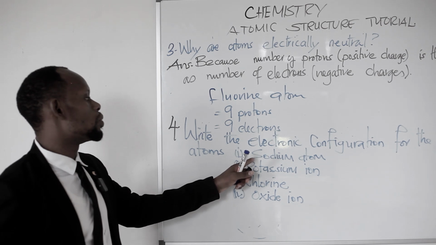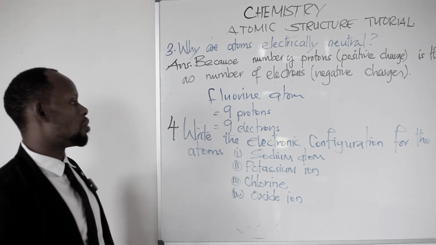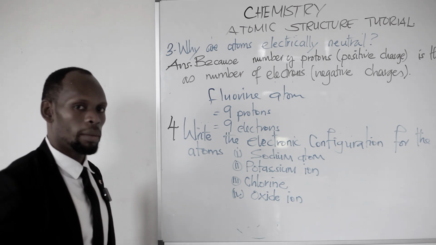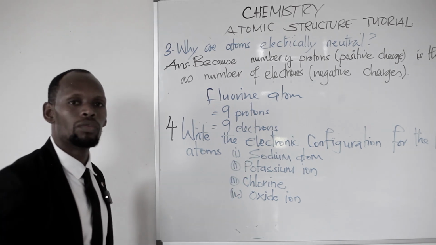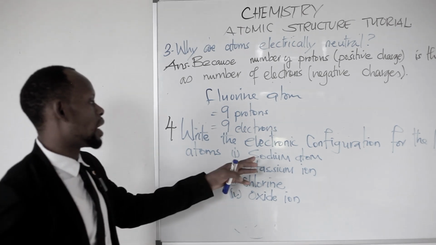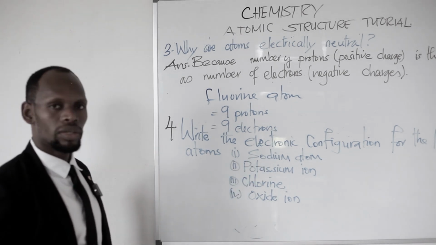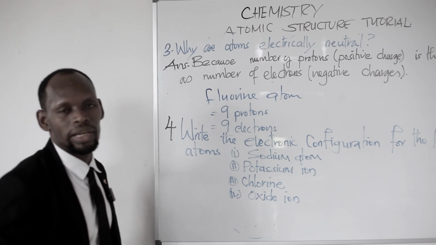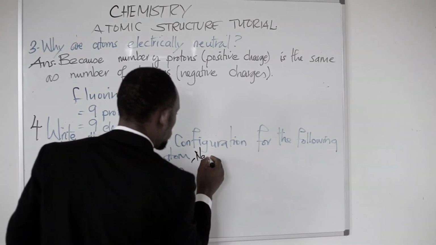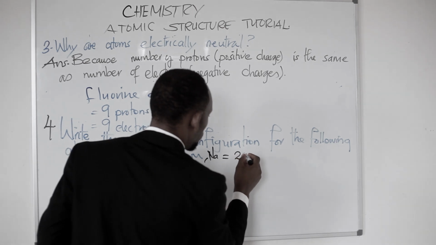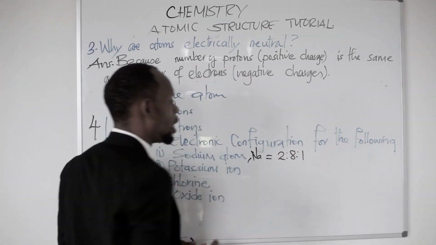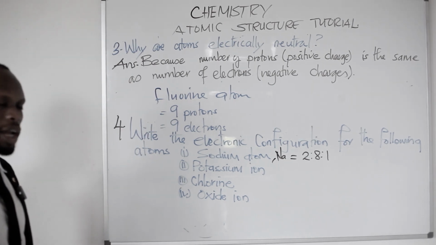According to the arrangement of atoms in the periodic table of the first 20 elements, sodium has the atomic number of 11. So it has 11 electrons. Sodium is written as 2, 8, 1. So this is the electronic configuration for the sodium atom.